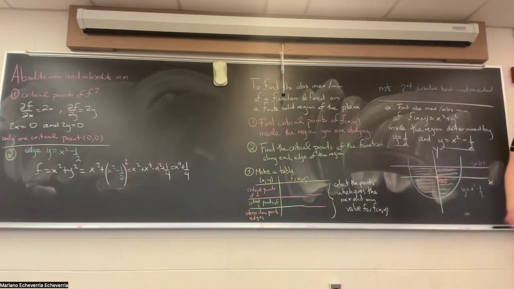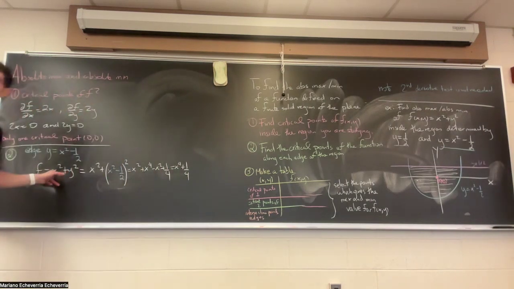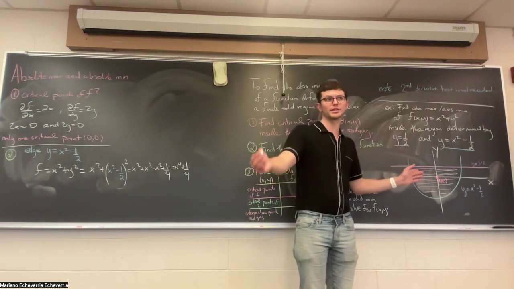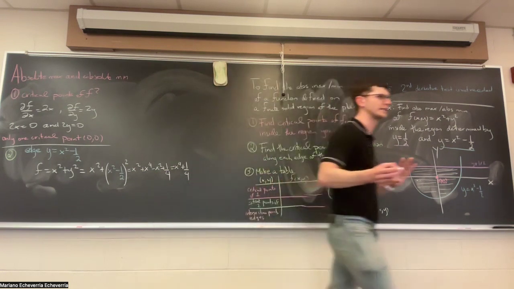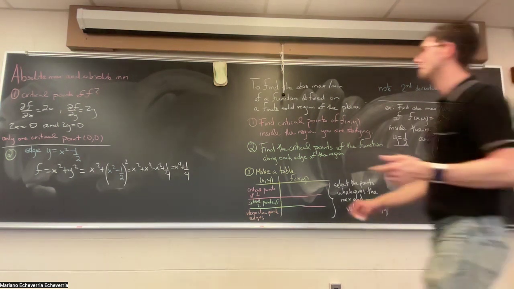What I'm trying to say is that the function is always this, but if you evaluate it along the edge, y can be replaced in terms of x. And so the function becomes a function exclusively of x. Is that making sense? Now as a function of x, this is again like a calc one problem. It has critical points. So how do you find the critical points of this function?